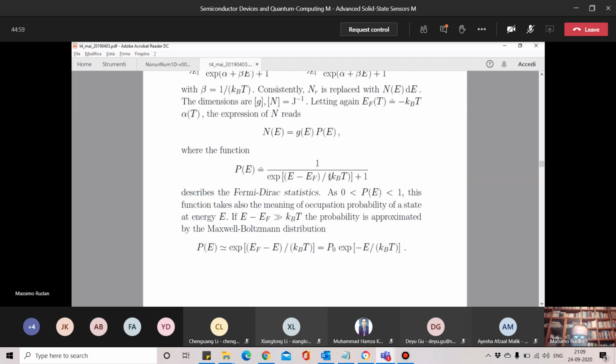The numerical value of Kb is 1.38 times 10 to the minus 23rd joule over Kelvin, okay?